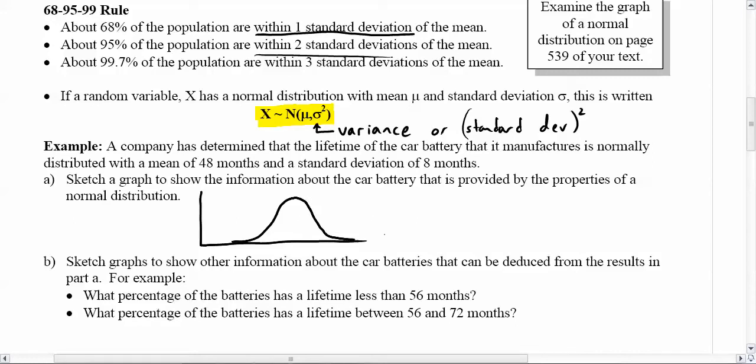And where is the midpoint? The tallest point, which is the mean. Okay, so the mean is right in the middle.